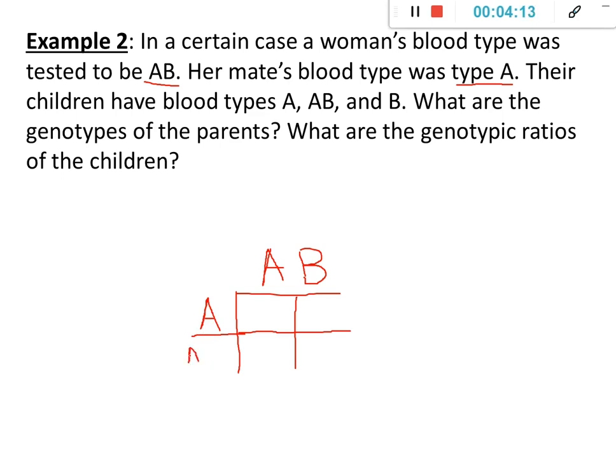You could have both alleles being A, or you could have one allele being A and one allele being O. So you don't know which one of those two it is.